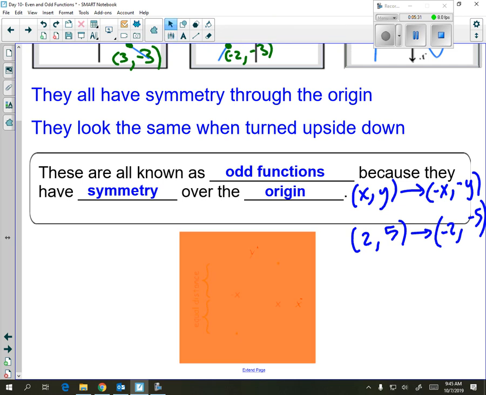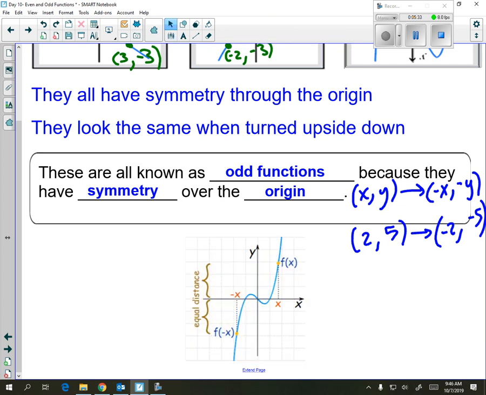Okay. If we look at a different graph of this, f of x is not going to be equal to f of negative x. The reason for that is your y values are the opposite. So let's start with this. F of negative x, when you input a negative x value, it's similar to plugging in a positive x.